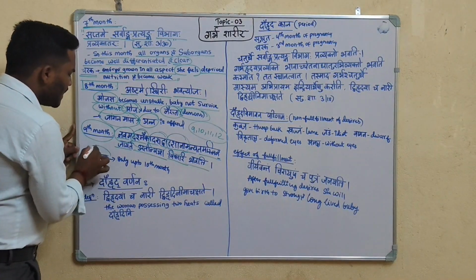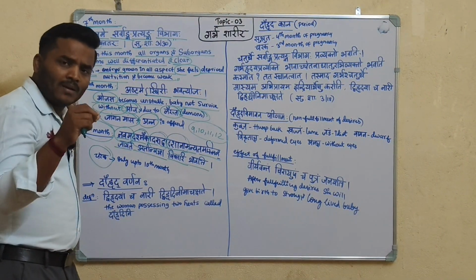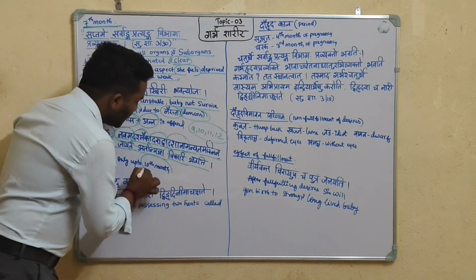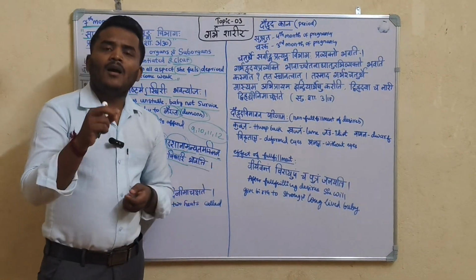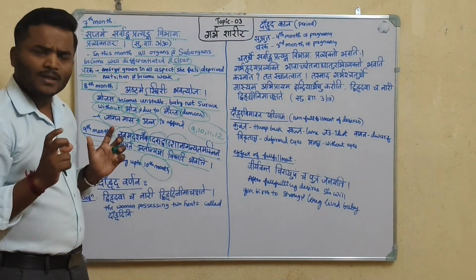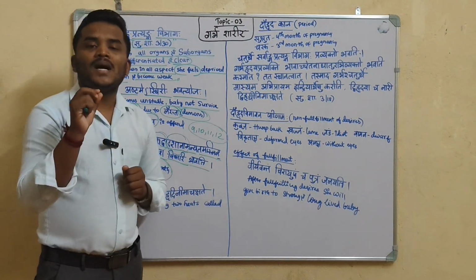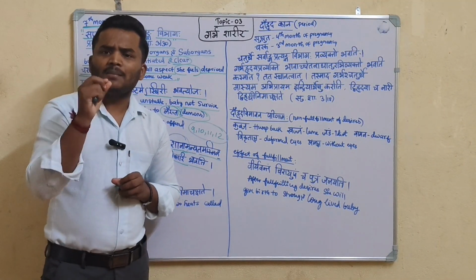But Acharya Charaka said birth is normal only up to the 10th month, whereas Acharya Shushruta said up to the 12th month. This is all about Masanumasika Garbhavakranti, the month wise development of the fetus.